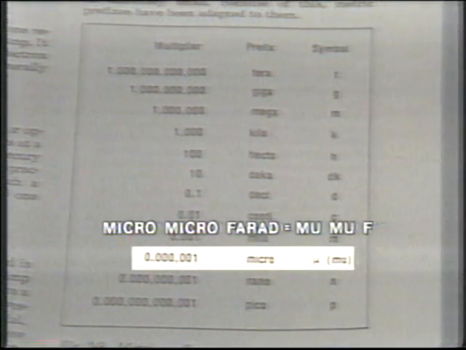A little further up the chart, you'll notice the symbol for micro, or 1/1,000th. It's the Greek letter mu. Some capacitors are rated in microfarads, and you'll sometimes see the picofarad referred to as the microfarad, represented by the symbol mu/f.